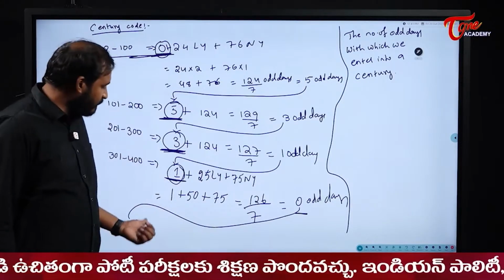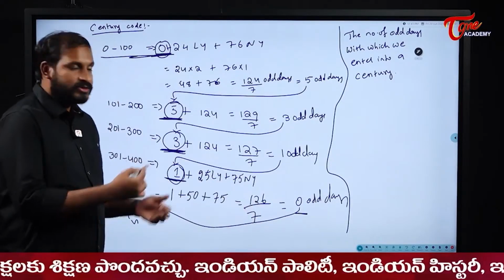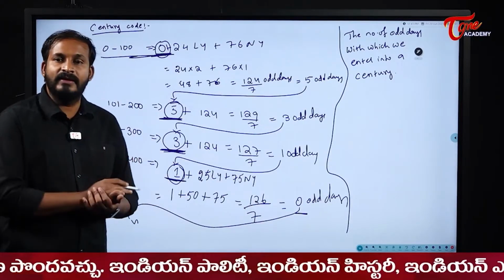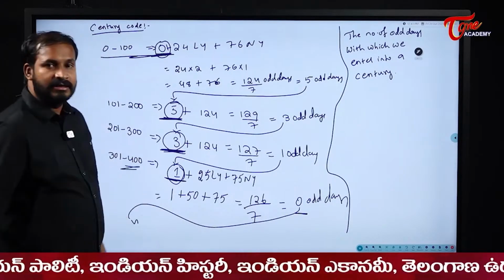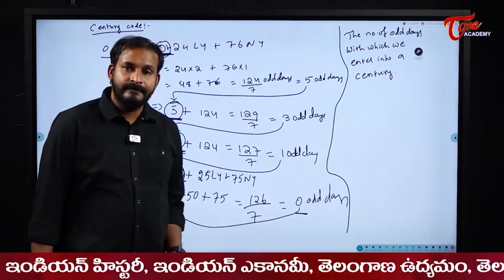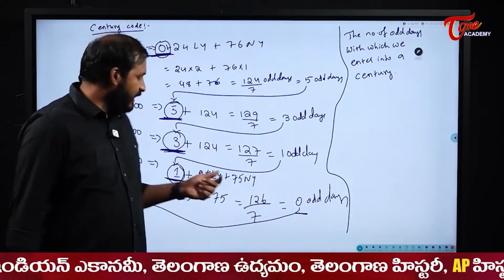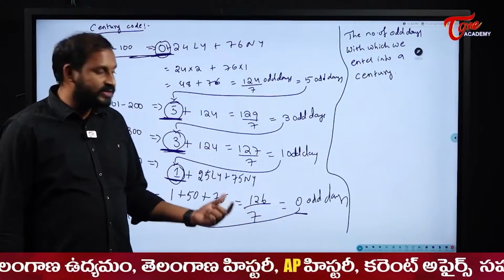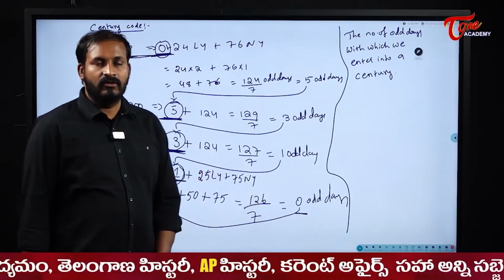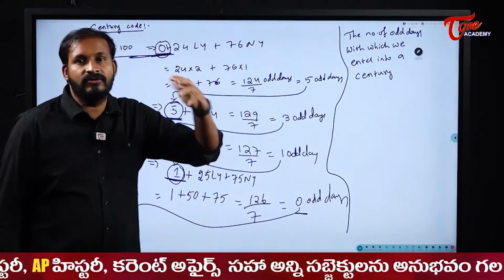And the century code for 401 to 500 is 0 once again, so 0, 5, 3, 1 will be repeated. Remember, for every century leap year the odd days become 0: at 400, at 800, at 1200, at 1600 and so on. So 0, 5 are the number of odd days with which we are entering into that century.